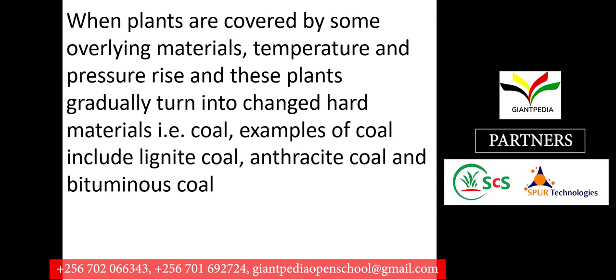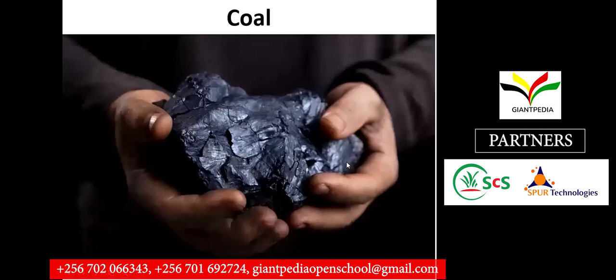Examples of coal include lignite coal, anthracite coal, and bituminous coal. Also coking coal, as well as brown coal. So here's an image of that coal. The other one we had also seen earlier on when we were looking at the non-clastic rocks.